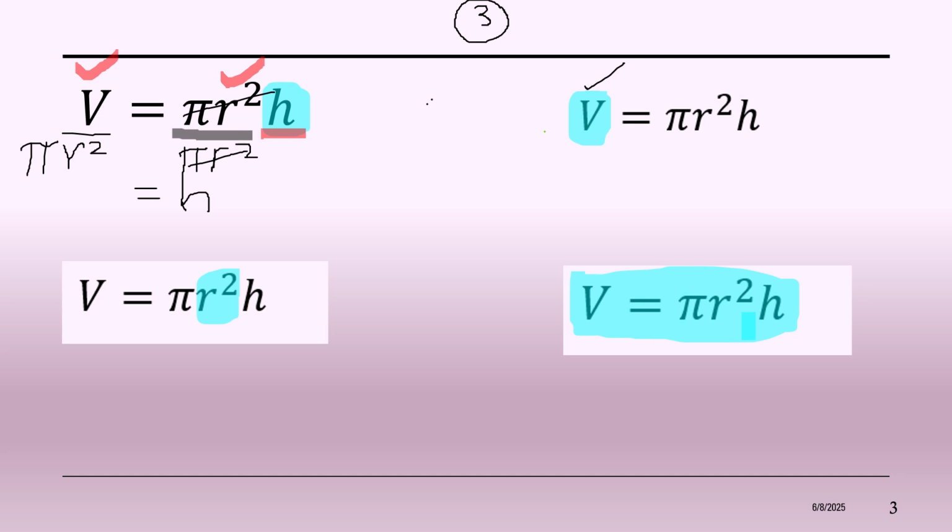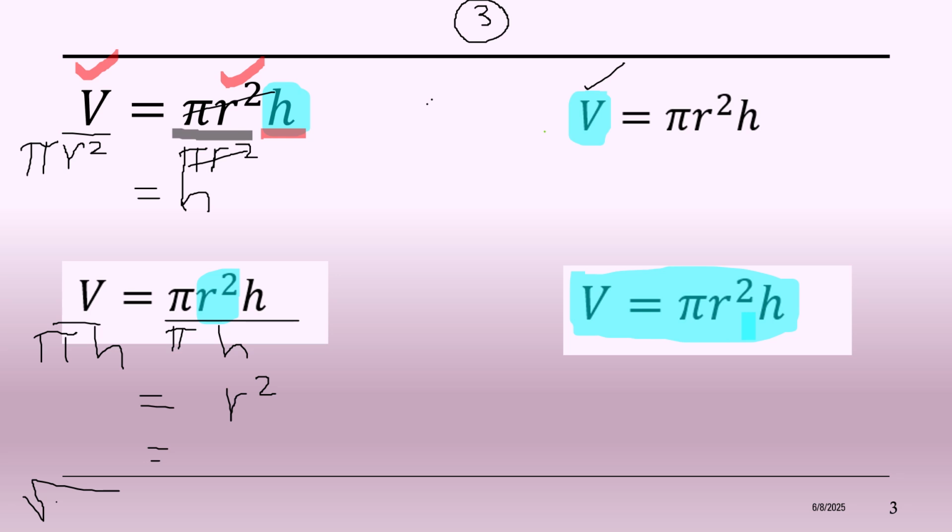In this example, they want you to find the radius. So what I need to eliminate from the right hand side is pi and h. Divide by pi and h on both sides. When you calculate this, you will get r squared. When you get r squared, remember for your final answer, you've got to find the square root of r squared.